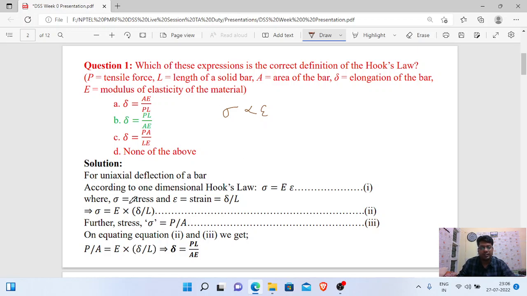So sigma equals stress and epsilon equals strain, and strain we can represent as change in length upon original length. Del is the change in length and L is the original length.